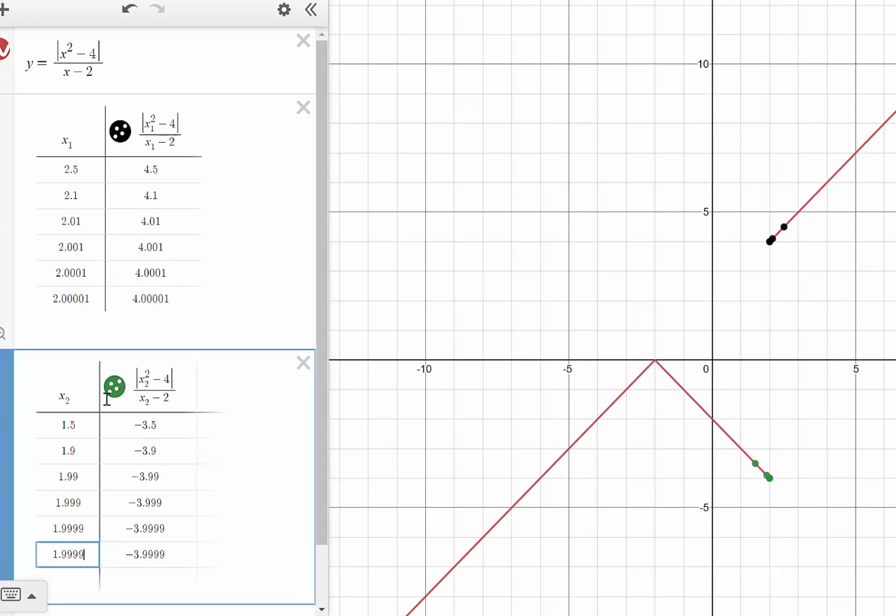But on the left side, as we approach 2, we have 1.5, 1.9, 1.99, and so on. We're approaching, it looks like, negative 4. So these aren't approaching the same value. Therefore, this limit does not exist.